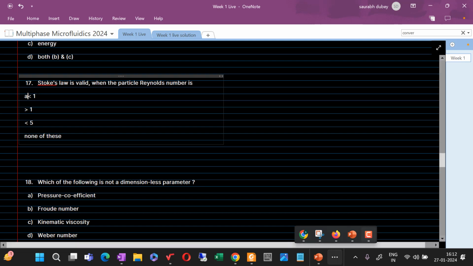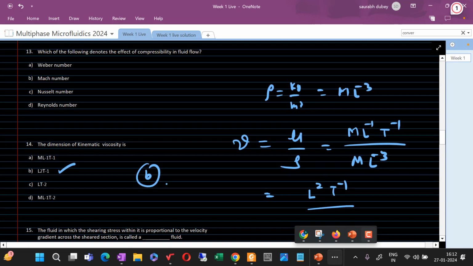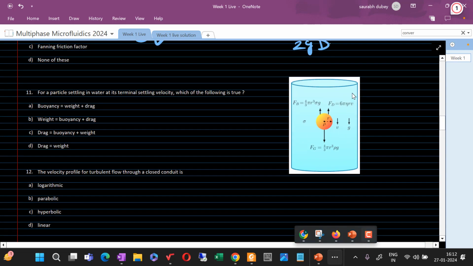At very low terminal velocity, Stokes law is valid, and in that case FD equals 6 pi eta r v, valid in the Stokes regime.